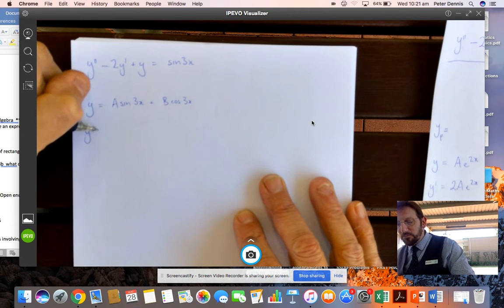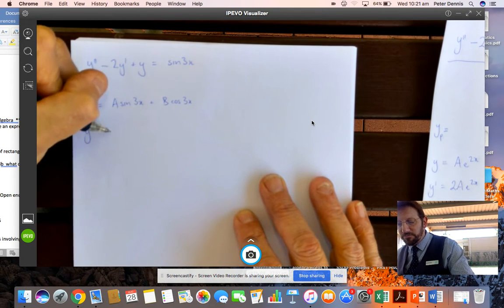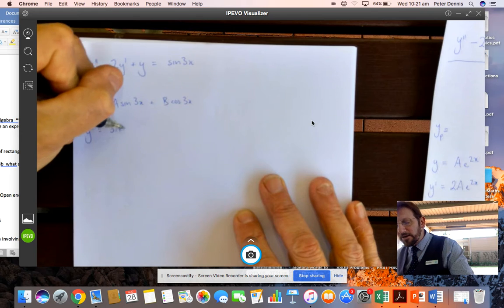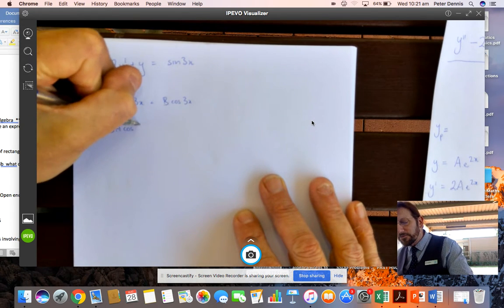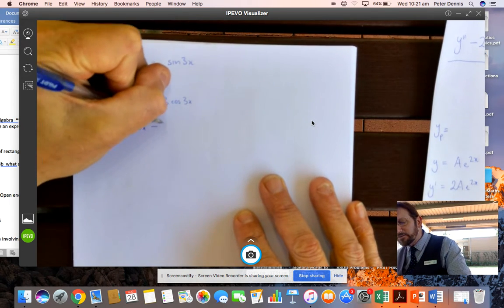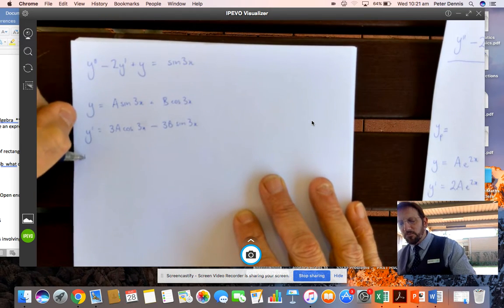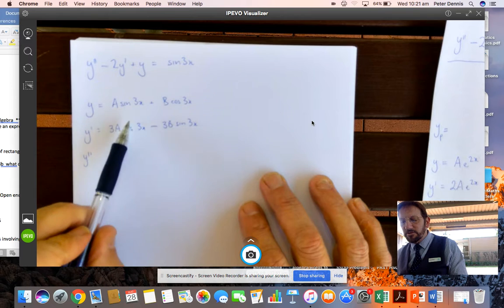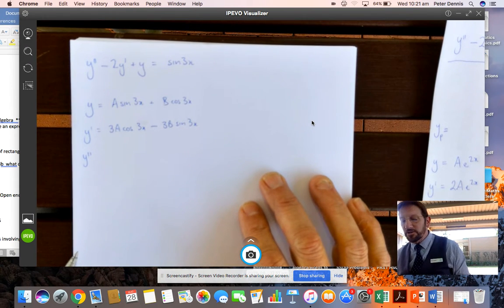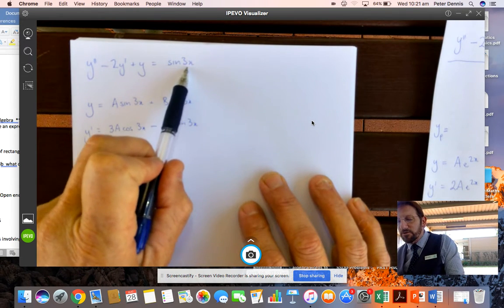And then when you get y dash, it's going to be 3a cos 3x minus 3b sine 3x. And again, y double dash. So you can see that the sines and coses aren't going to change. So it depends on what you've got here.